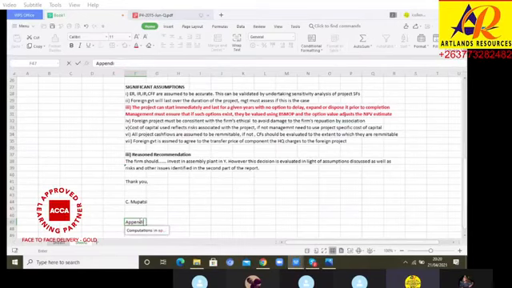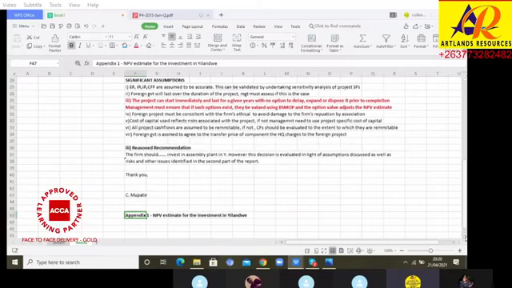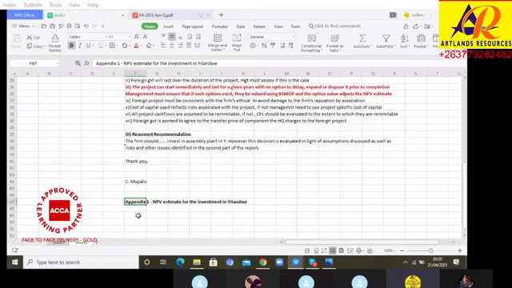Appendix 1, you then say NPV estimate for the investment in Ilandwe. Now this is another country. Remember, we are Imoni. So the project has got 4 years.